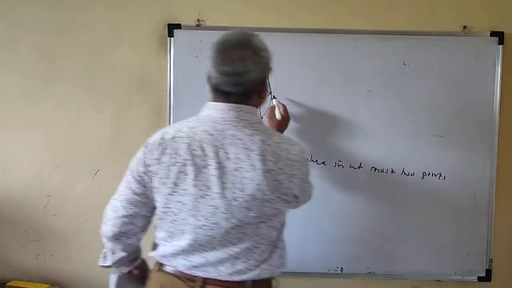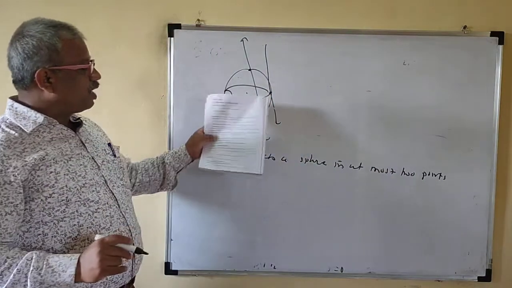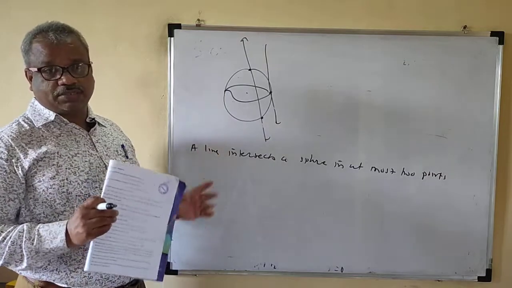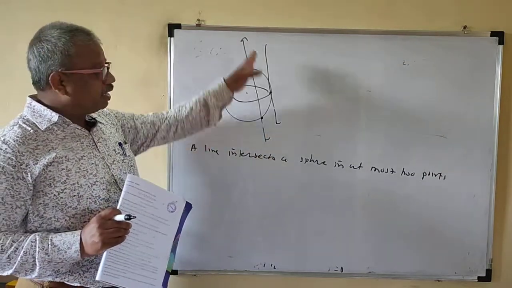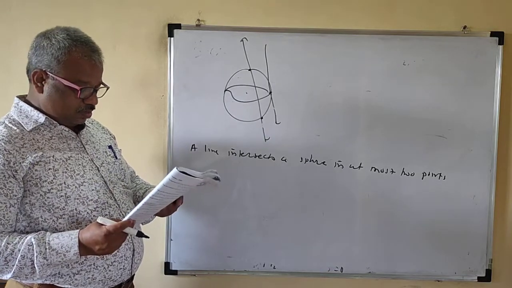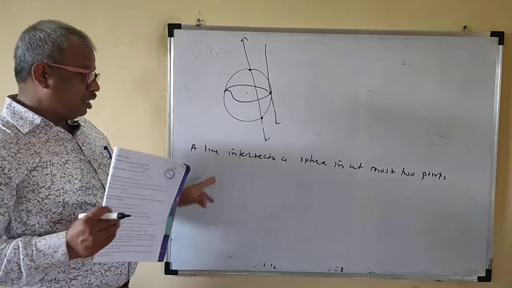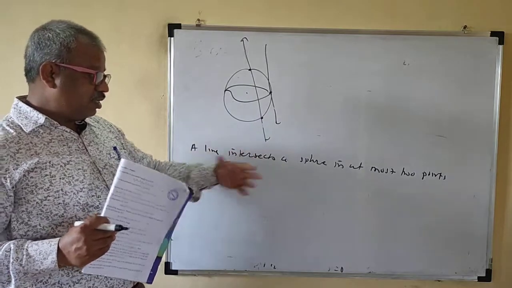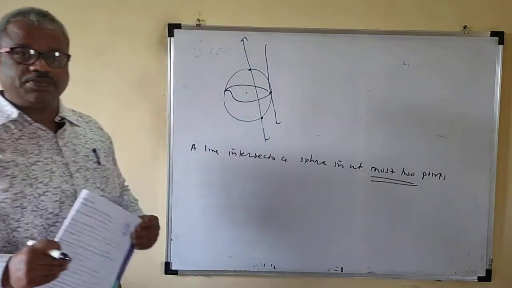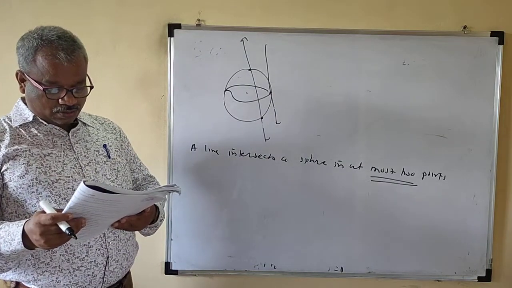Why? Because it intersects at a single point or 2 points. At most 2 points, right? Maximum 2 points. That means it may intersect in 1 point or in 2 points. Remember this. At most is very important.